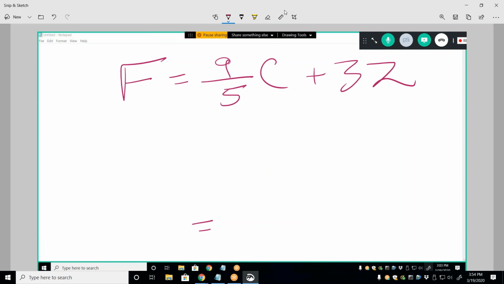But we're going to solve this for C. Now, this is not x and y, it's F and C, but that's the same concept. It's just two variables. So we're going to do it the same way you've been doing the others. Okay. So how am I going to get C all by itself?